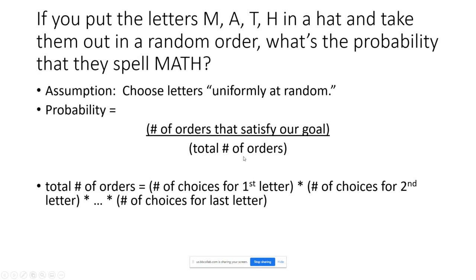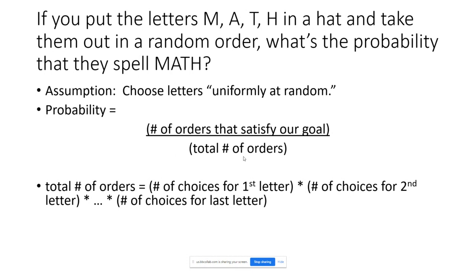So the total number of orders we can think about as being the number of choices that we have for the first letter. We have 4 choices, times the number of choices for the second letter. Well, once we've taken one letter out of the hat, there are only 3 letters left. So there are 3 choices. Times the number of choices for the third letter. Well, we've taken 2 letters out, so there are 2 letters left.